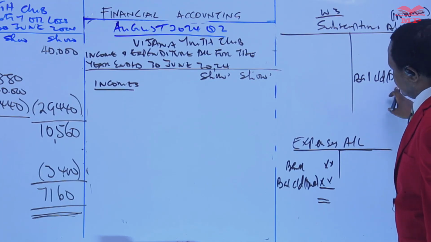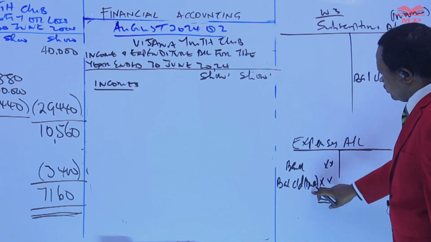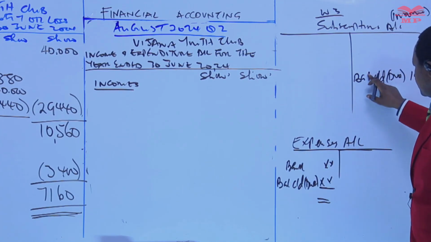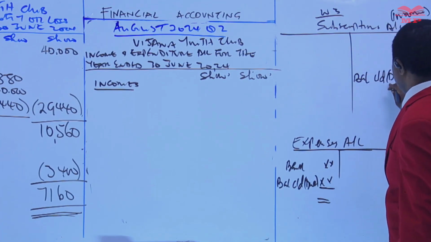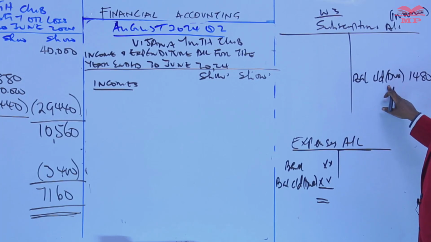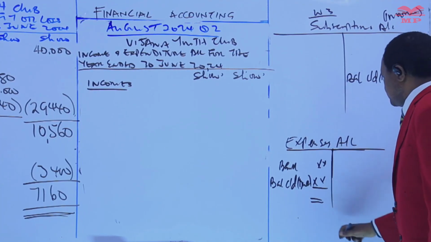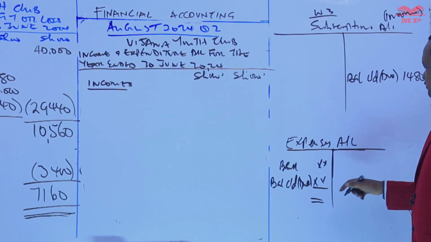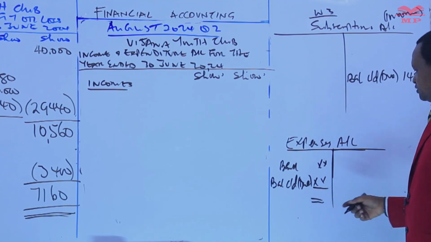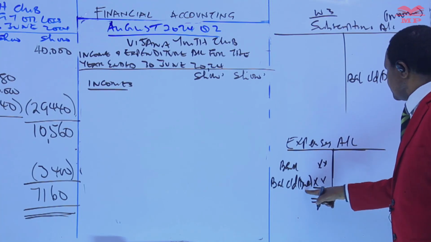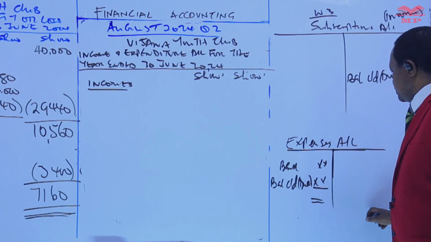Now, candidates, you only need to know this because this is the opposite. Once you first do the first entry here, that tells you that for example, this one, the next period, the balance due at the end we are going to debit.